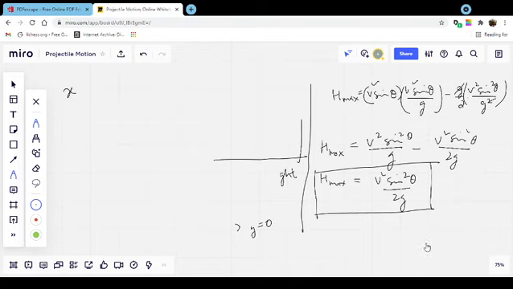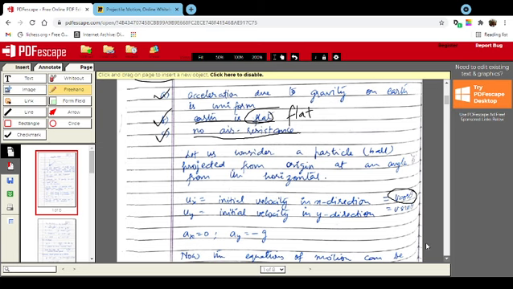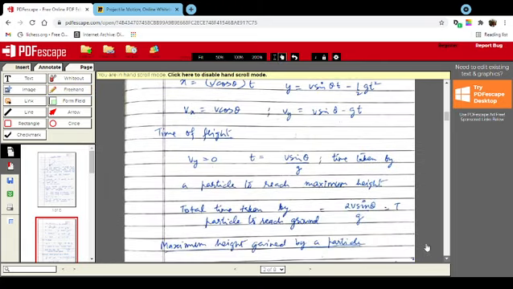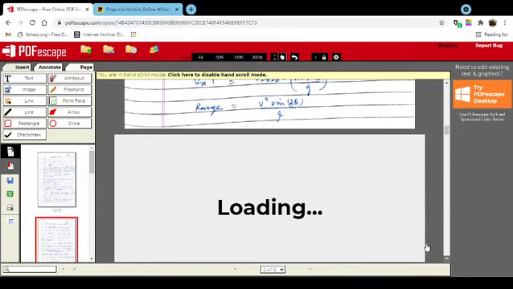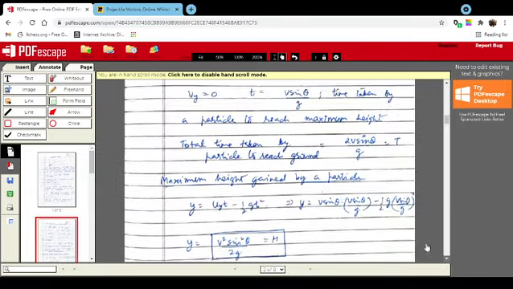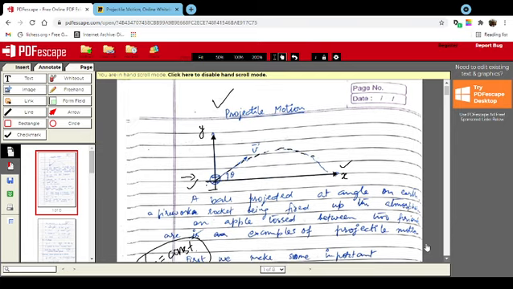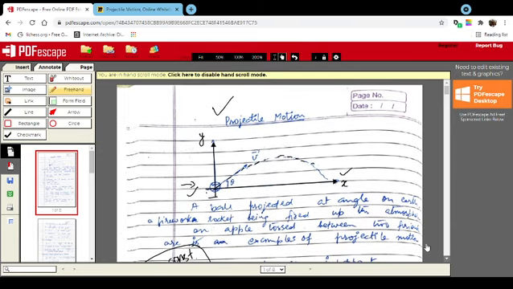If you can go back to the figure, this particular distance, the distance traveled by the body along the x-axis, is the x which we are looking for.